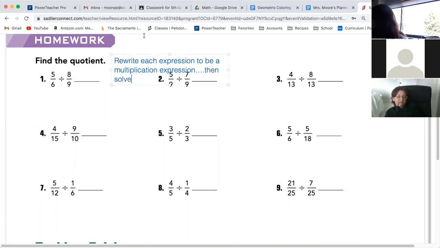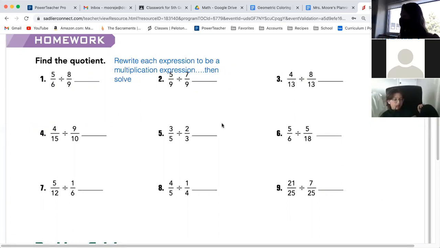Does that make sense? I want you to please rewrite each of those expressions as a keep, change, change, and then go ahead and solve it. So for instance, number 1, I would expect that right underneath it, you would go keep, change, change, and then solve it.